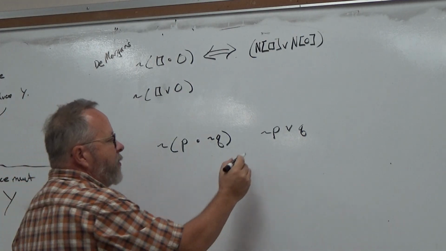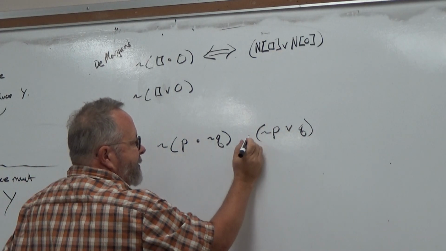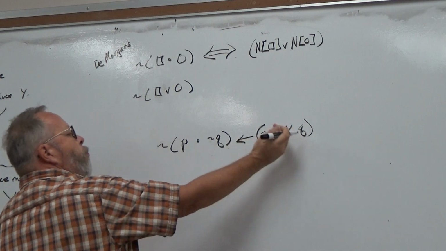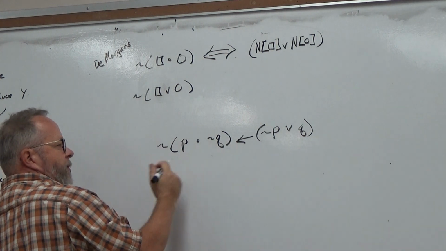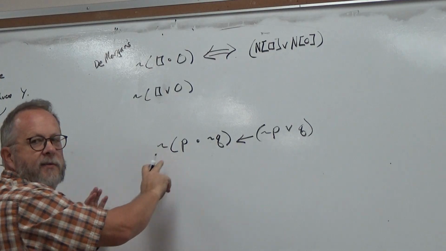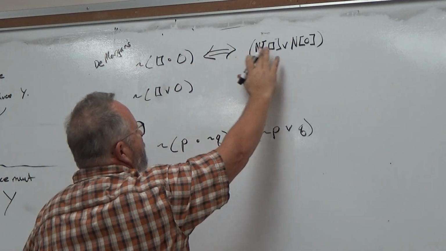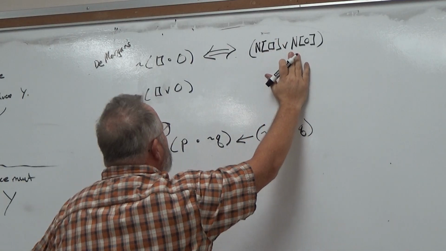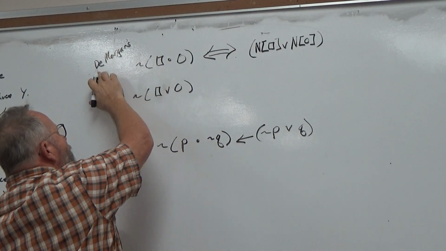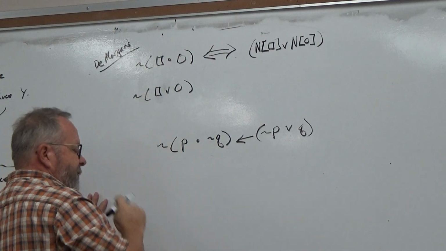And also know this, that if we had this, we could, in some sense, pull a negation out and go back to this. Does everybody understand? So if you have something of this form, you can go to that. If you have something of that form, you can go back to that, all by the rule De Morgan's, okay?